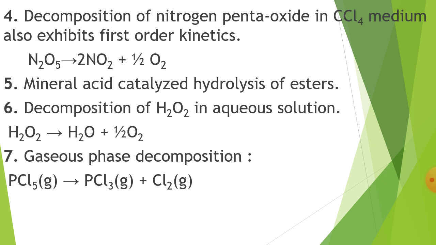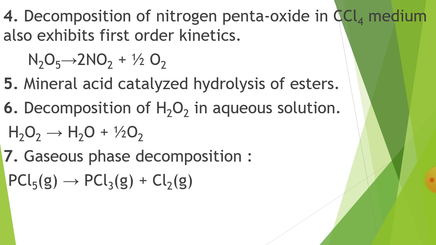Seventh, gaseous phase decomposition, that is PCl5 in the form of gas. When heated, this breaks into PCl3 and Cl2. I also told this in class 11 chemical bonding. In case of PCl5, two types of bonding are there, two axial bondings and three equatorial bondings.